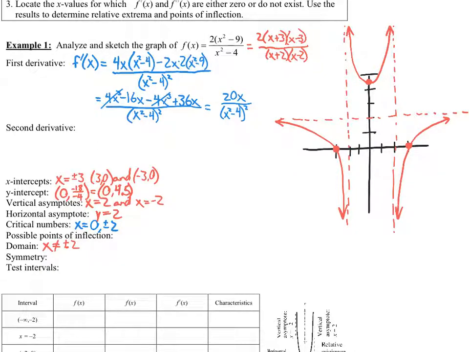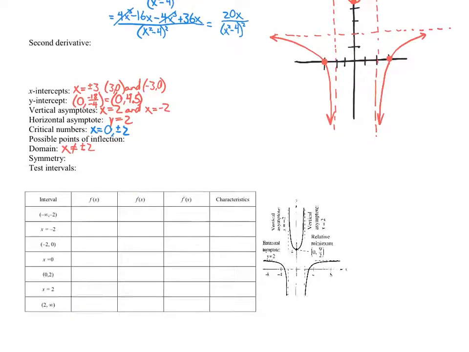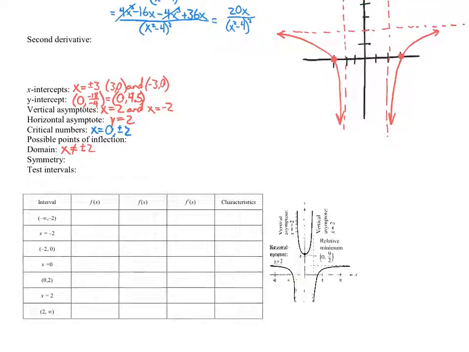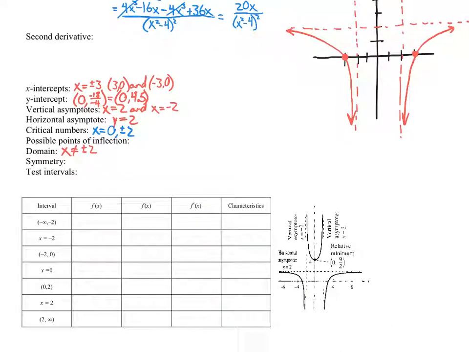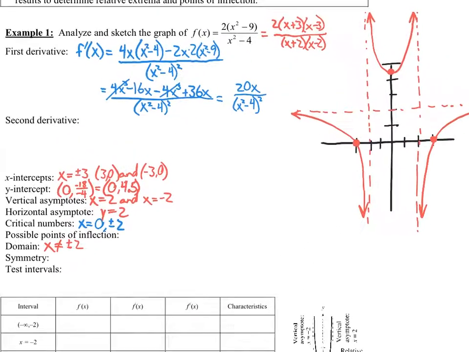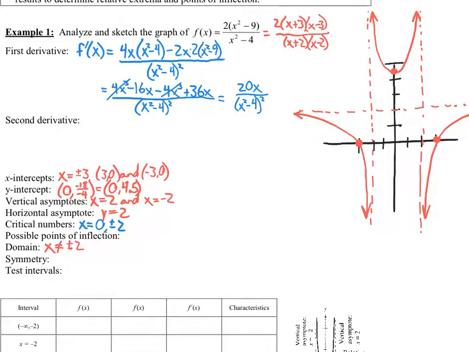At this point, there is a table down here. You may not like using the table; you may prefer to use a sign diagram and put in a negative 2, a 0, and a 2, and then look at the signs of the derivative in each of those intervals.